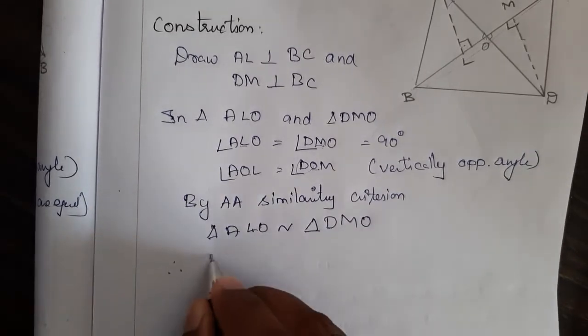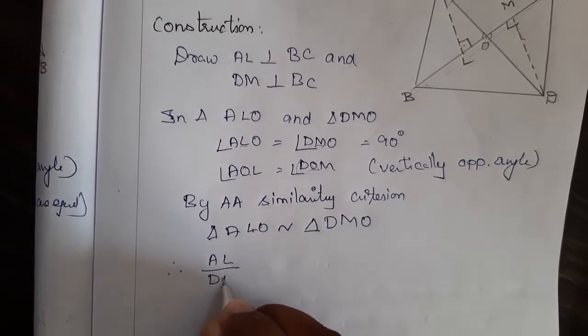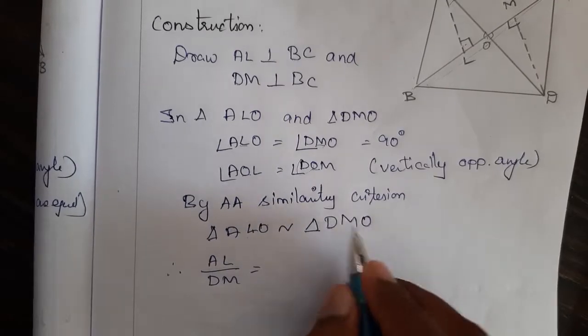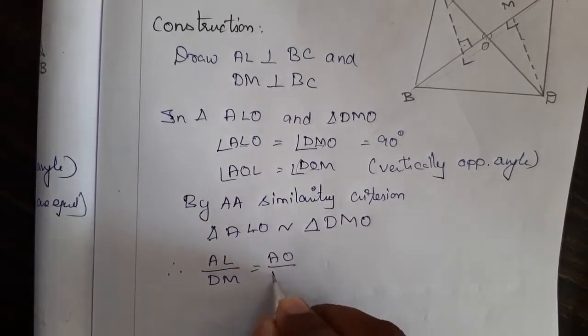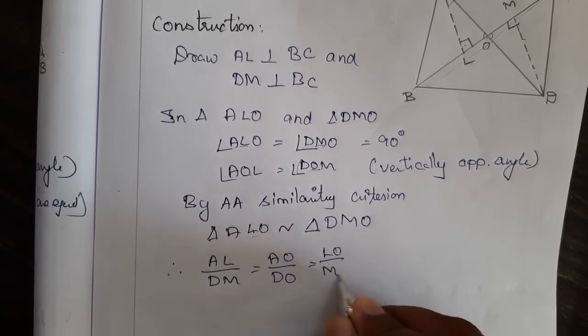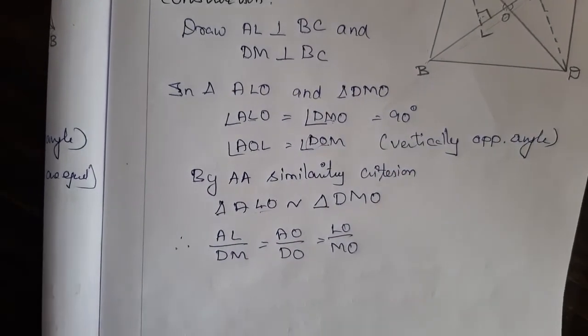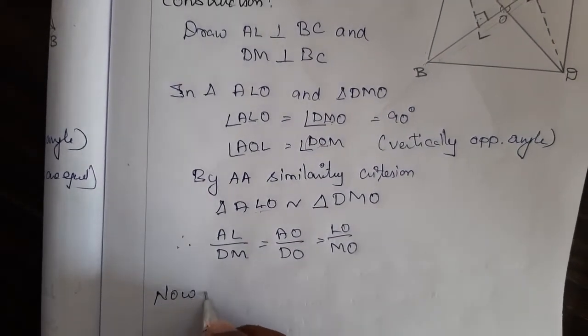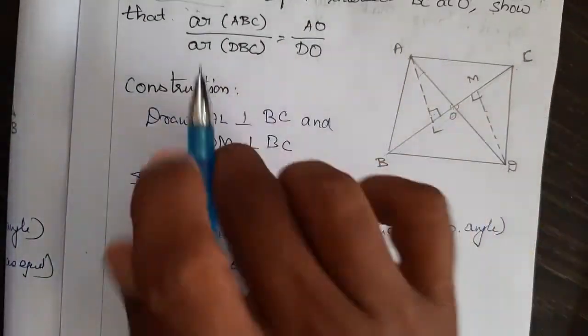So AL by DM equals AO by DO, which is equal to LO by MO, right?